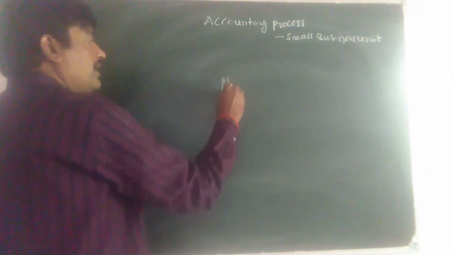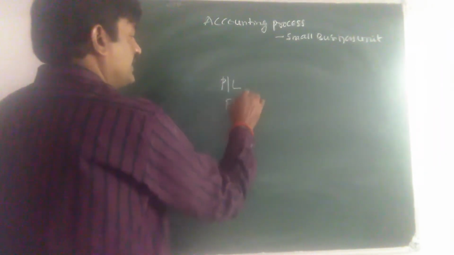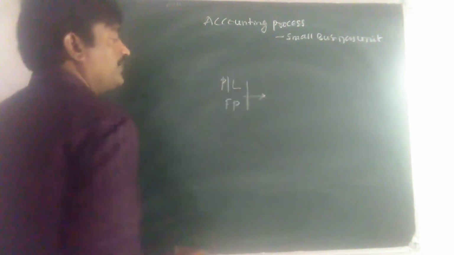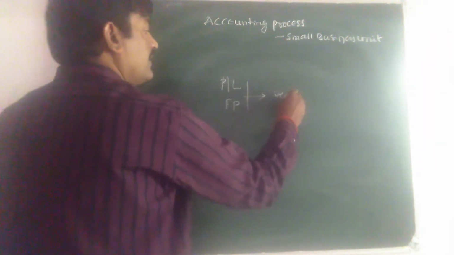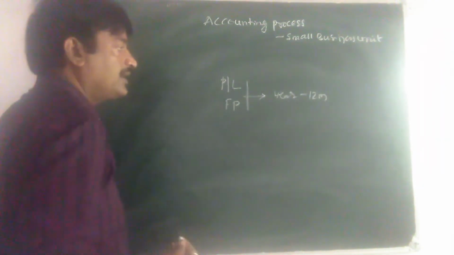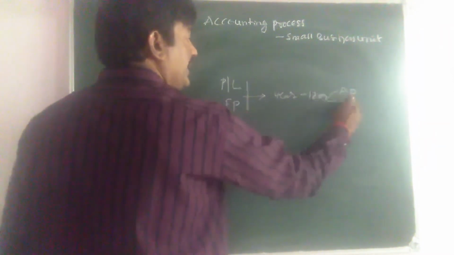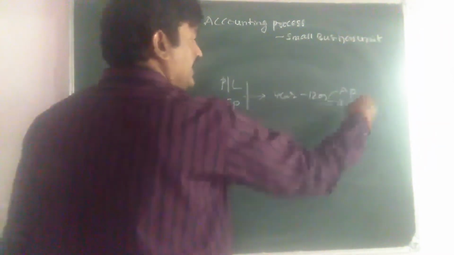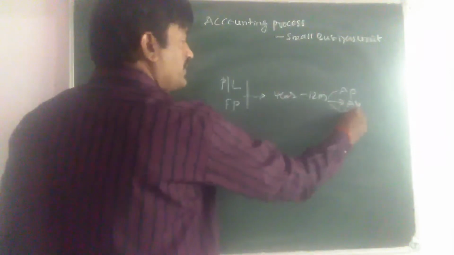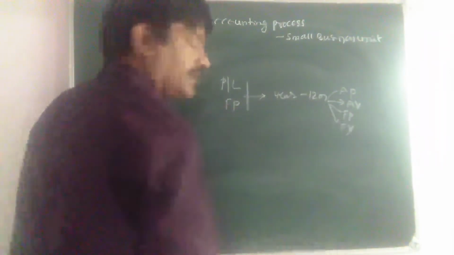The profit or loss of the business, the financial position of the business is ascertained once in a year. A year consists of 12 months. This 12 months period is called accounting period, accounting year, financial period, financial year.